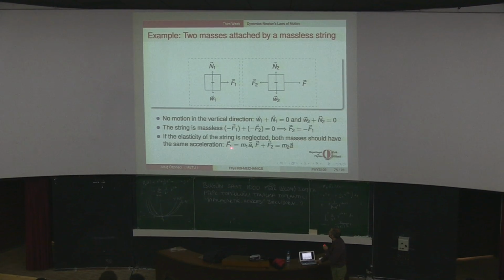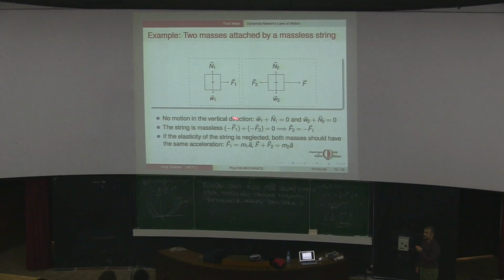Well, here I made an assumption. I use one more fact. I use the fact that I am assuming my string is not expanding or shrinking. So it basically means that if my second mass moves by 5 meters, this mass attached to it by the string also moves 5 meters. Their displacements are exactly equal at all times.